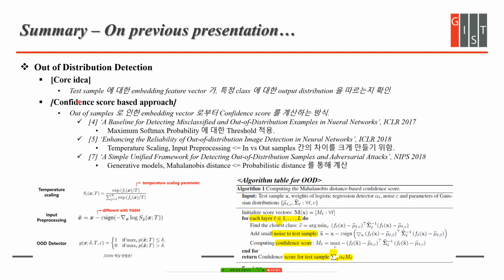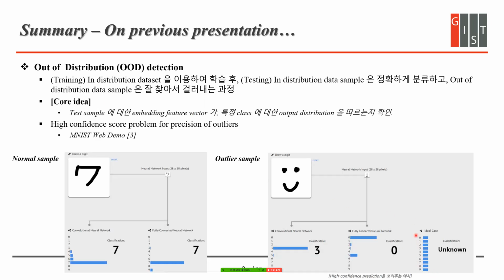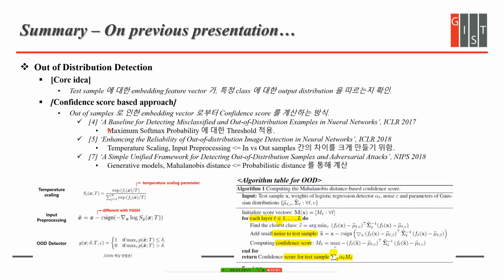This approach uses a confidence score, which can be defined from the output vector of the trained model. If a test sample is input, there is some model output, and we can compare the output vectors of the samples between the in distribution and the outlier dataset. By comparing them, we can find the outlier samples from the trained model.